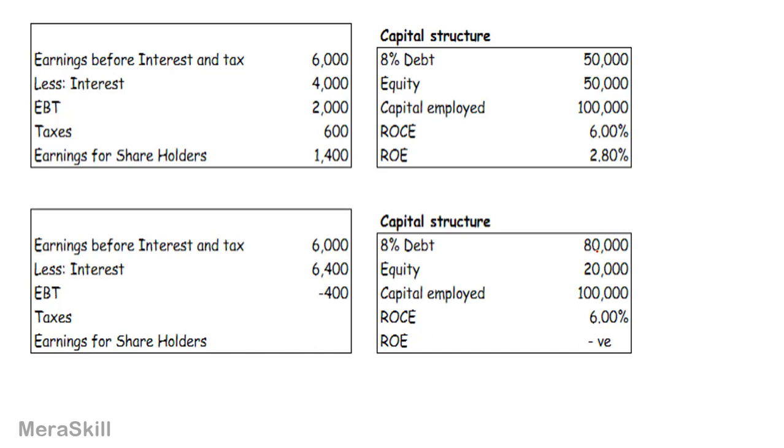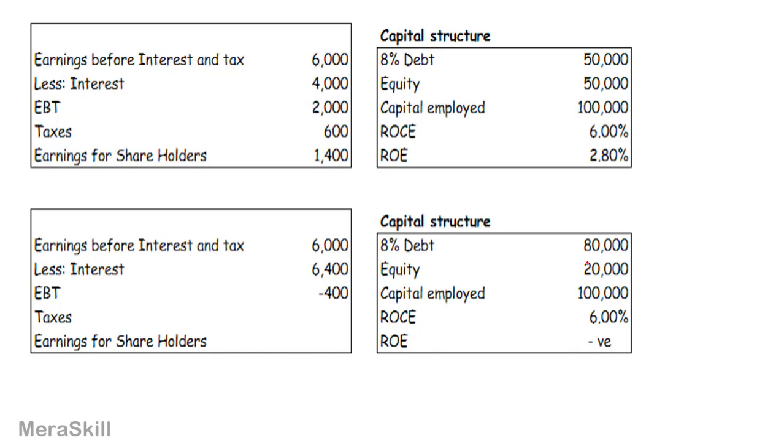That is why we say with a greater proportion of debt, it is possible to use the advantage of leveraging and increase the returns to the shareholders. But on the other hand, remember there is also a risk of bankruptcy.